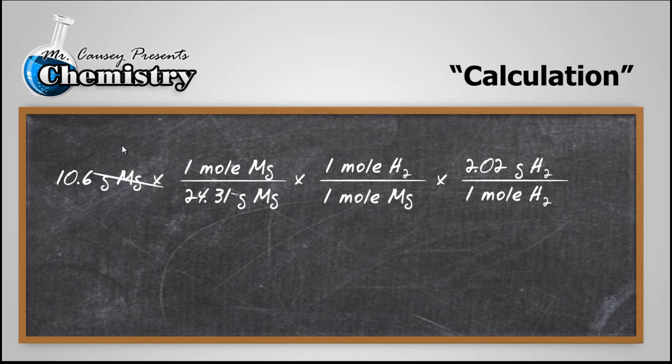Grams of magnesium cancel out, moles of magnesium cancel out, moles of hydrogen cancel out, and we end up with grams of hydrogen. Put that into our calculator. Let's plug and chug. And we should get an answer of 0.881 grams hydrogen gas. And that's with 3 sig figs.